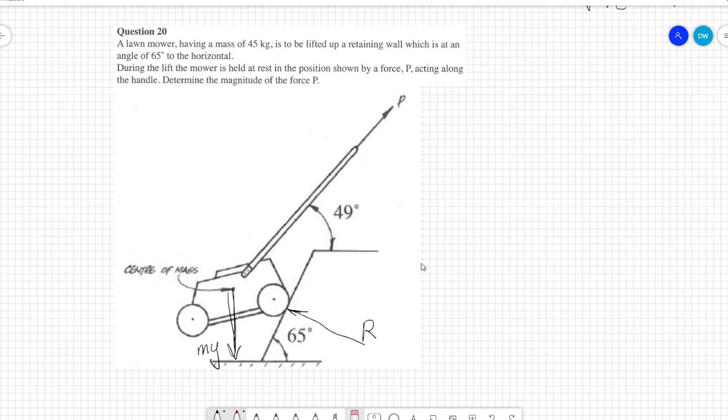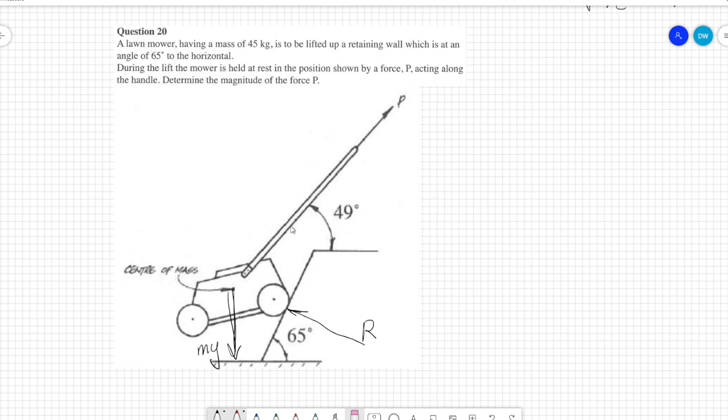Now, what do we do next? How do we find what P is? Well, we should recognize that the mower is held at rest, so it's not moving up or down, left or right, which means all of these three forces cancel each other out. The whole thing is in a state of equilibrium.